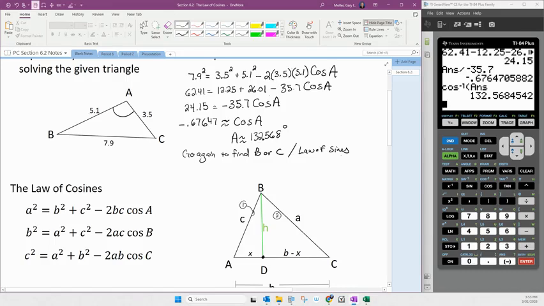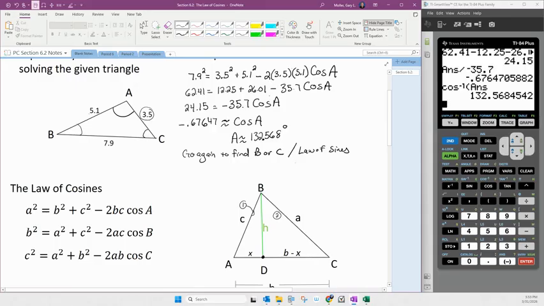So which one's going to be the smallest remaining angle? Well, I just found angle A. And between the two remaining angles, I've got B and I've got C. Again, it doesn't matter in this case because I know both of those answers are going to have to be acute. But let's pretend like I wasn't paying attention to that. Then the smart play would be to find the one opposite the smallest side.